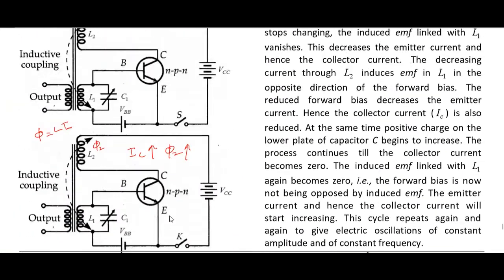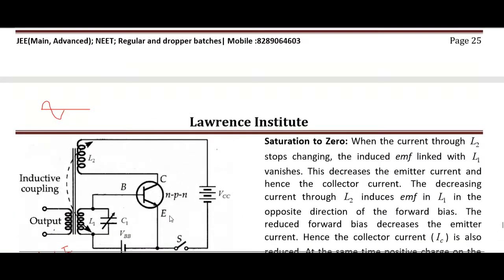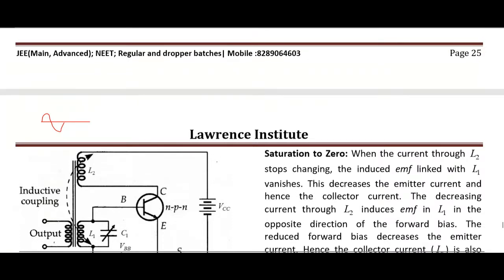Now, remember the curve of collector current. Output characteristic, just keep in mind, irrespective of configuration. So the graph is like this. After some time, it reaches plateau.